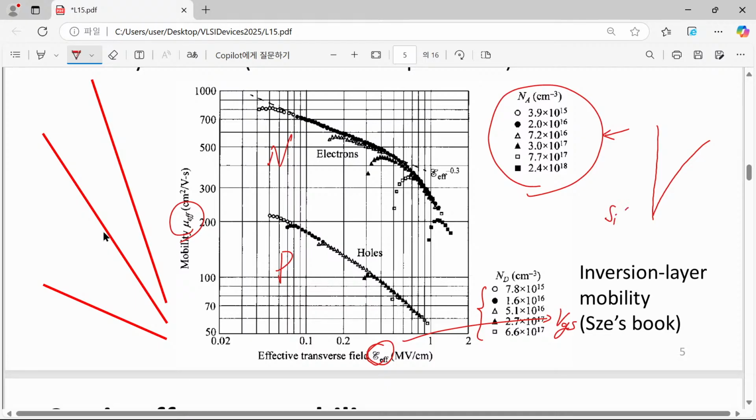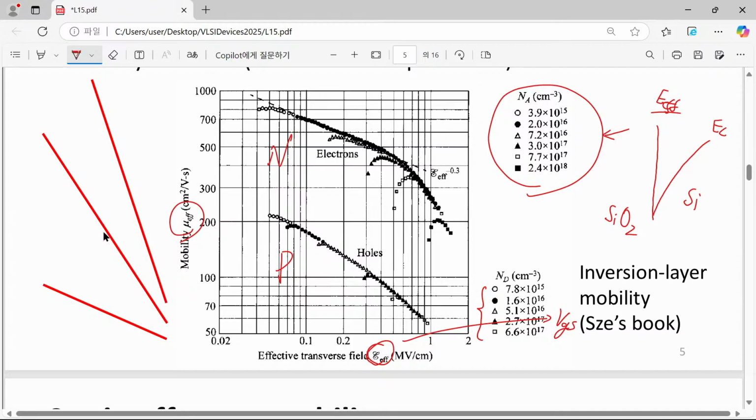Here we have silicon dioxide, and this is silicon. Now I'm drawing the conduction band. Although they are fabricated by different fabs, when we draw their conduction band profile, whenever we have a certain given effective electric field, their conduction band shapes are the same.